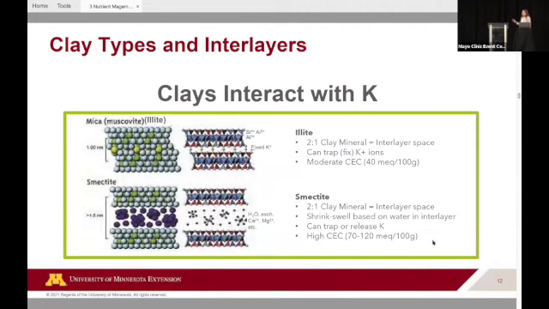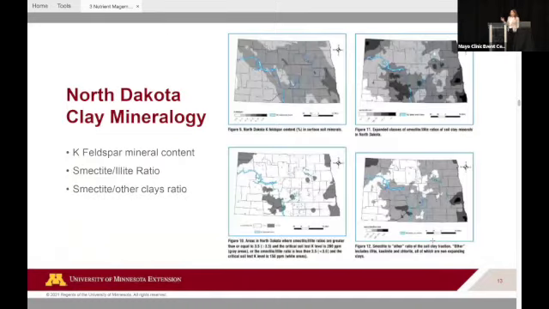So this is not unknown. This is built off of work that's already happening in North Dakota, where they've begun to map some of their clays and modify their potassium recommendations based upon the different amounts of minerals that they have there.